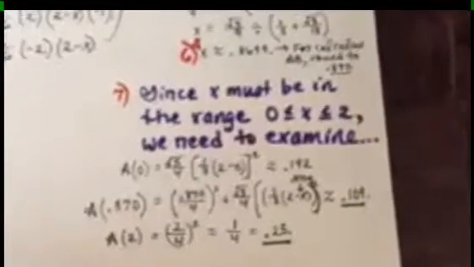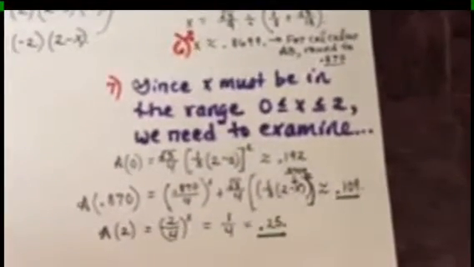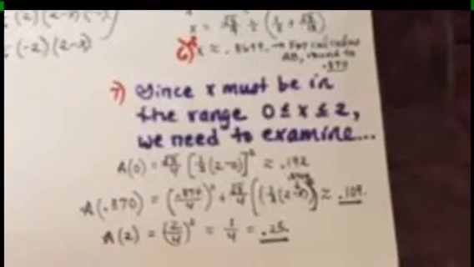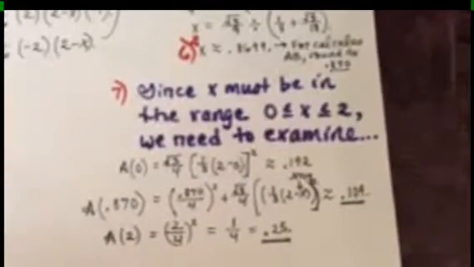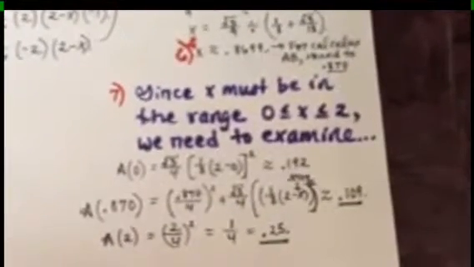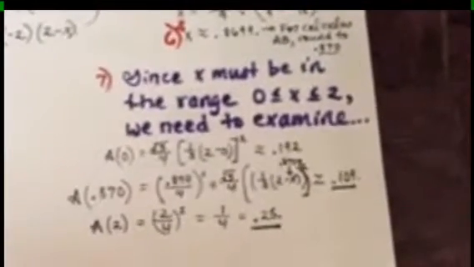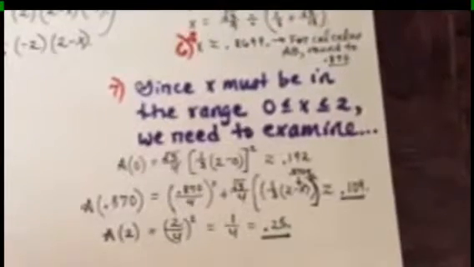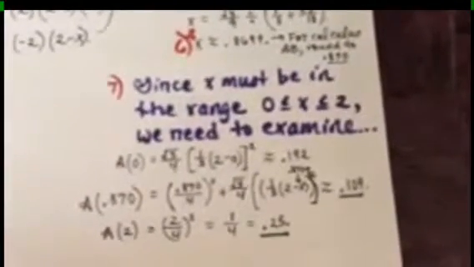First, what you have to consider is the range that you're given, so it's from 0 to 2. The area at 0 is going to be 0.192, the area when x equals 0.870 is going to be 0.109, and the area when x is 2 is going to be 0.25.